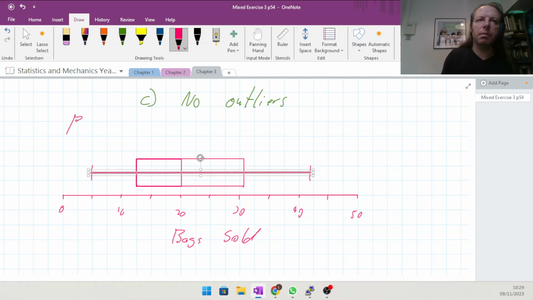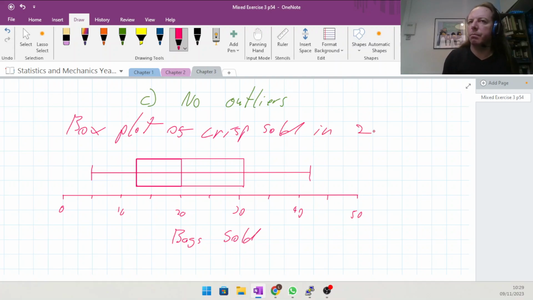Box plot of crisps sold in 2 weeks. Bags sold. There we are. Suppose we should have an arrow on that one. I think that's everything.